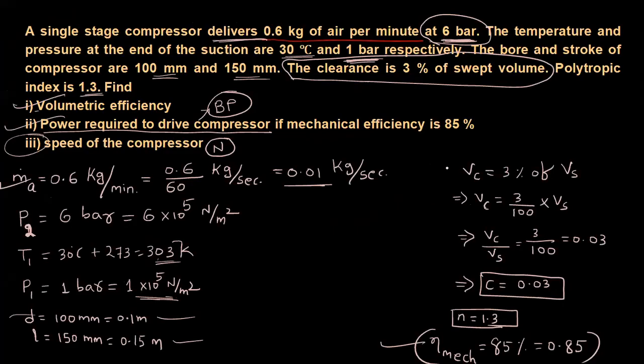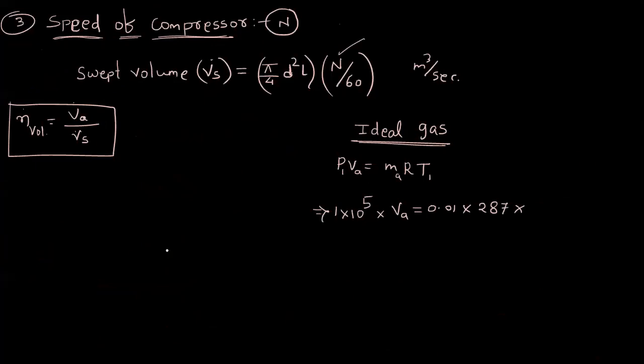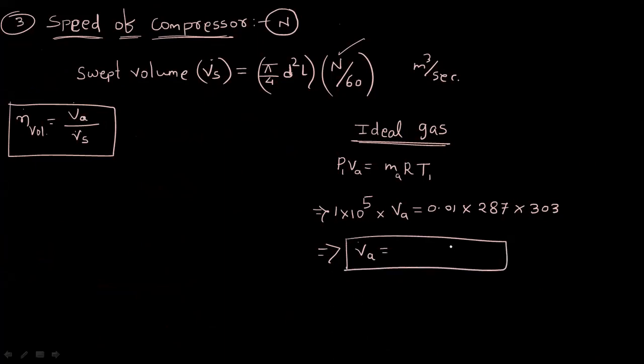What is the inlet temperature? Inlet temperature T1 is 303 Kelvin. So in place of T1, we will write 303 Kelvin. Okay, so now solve this one and tell me what is the volume flow rate we are getting. The answer we will get in meter cube per second.